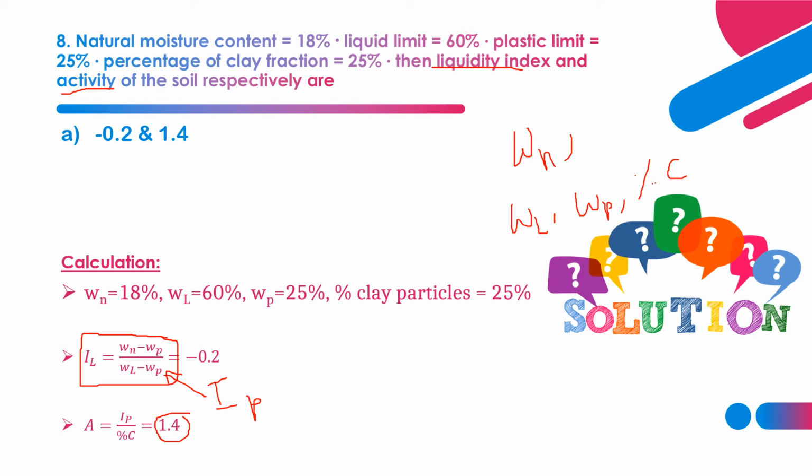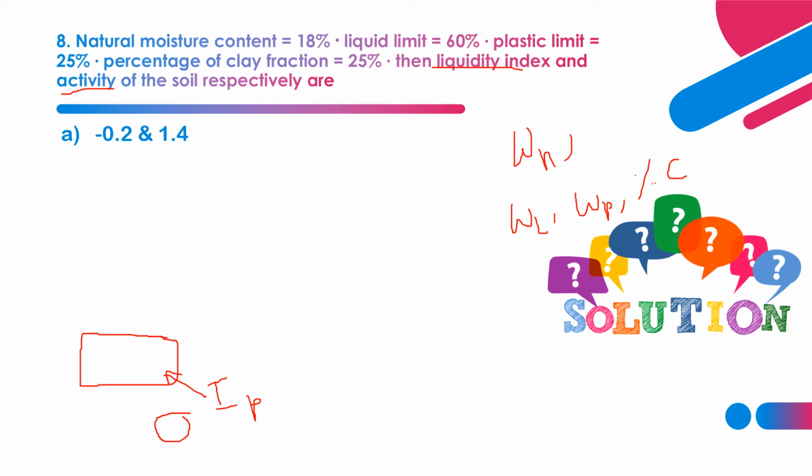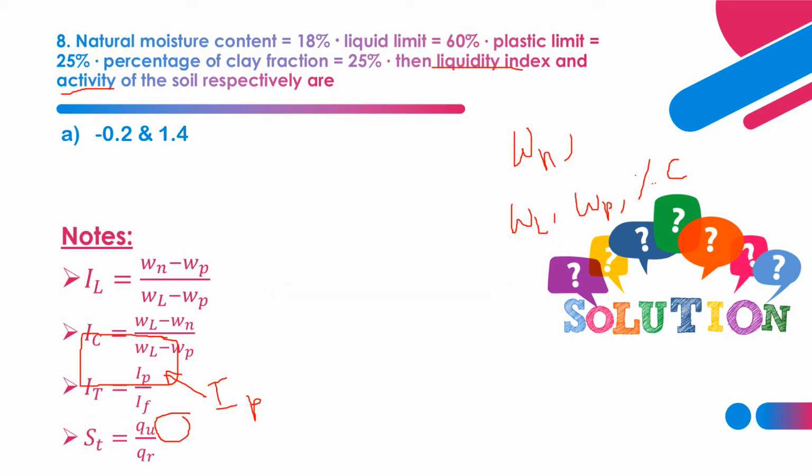Now let's see other indices. The first index, IL, we have seen in this question: liquidity index. What is consistency index? It is liquid limit minus natural water content, divided by IP, or plasticity index, which is equal to wL minus wP.